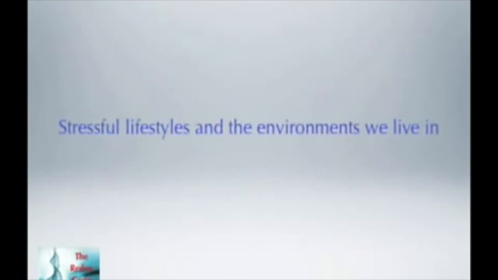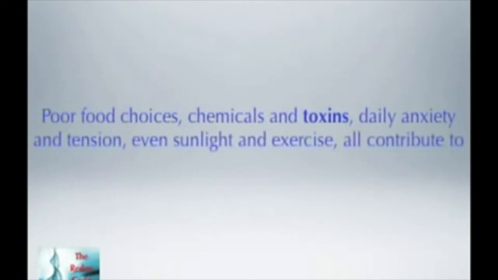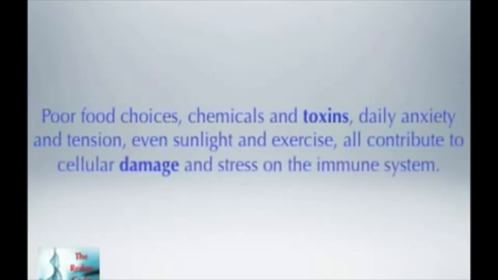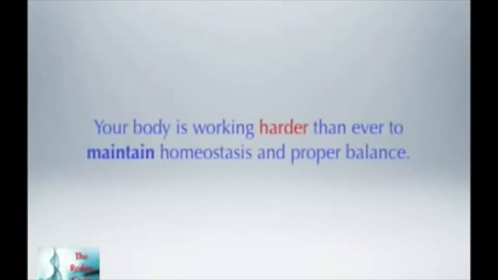Stressful lifestyles and the environments we live in are increasing the strain we put on our bodies. Poor food choices, chemicals and toxins, daily anxiety and tension, even sunlight and exercise all contribute to cellular damage and stress on the immune system. And your body is working harder than ever to maintain homeostasis and proper balance.